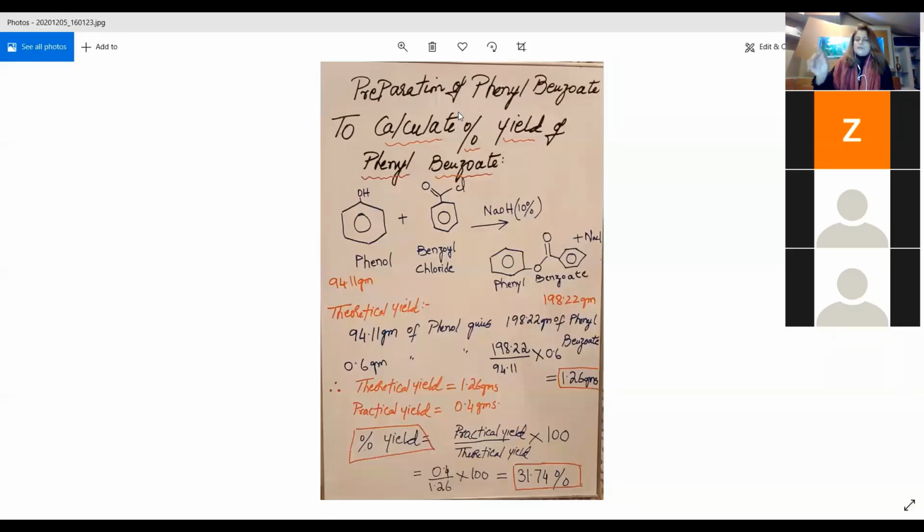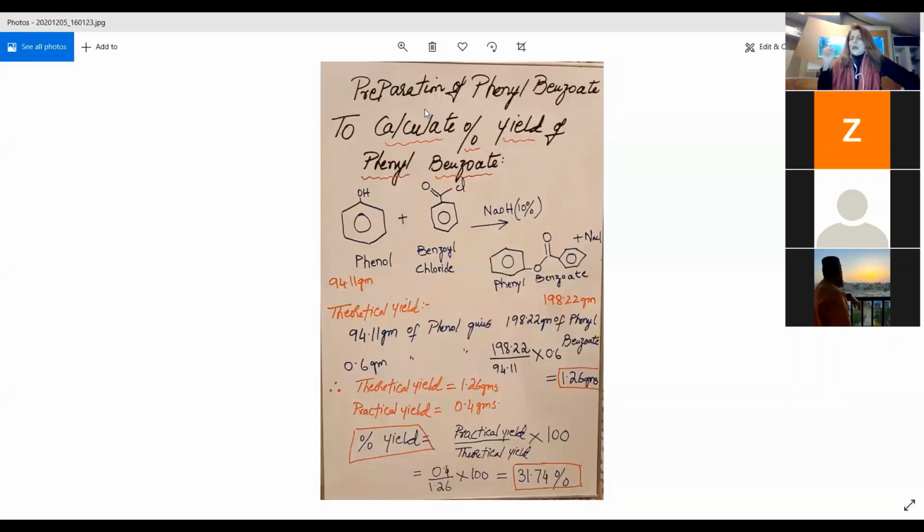And if you see the molecular weight of your ending product, phenyl benzoate, it's 198.22 grams, right? So there is a lot of difference between the two molecular weights. The starting material has a lesser molecular weight and the ending product has a higher one, definitely, because groups are attached to it, so the product will gain more weight.